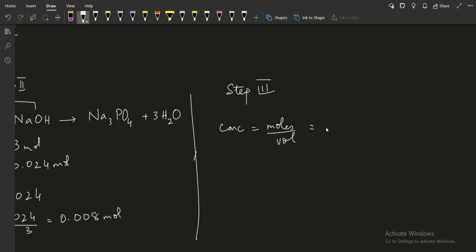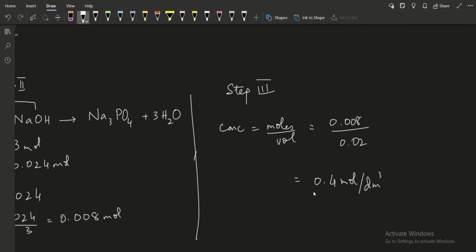We have just calculated moles, which is 0.008 divided by the volume, which was given in the question as 0.02. So the concentration will be 0.4 moles per cubic decimeter.